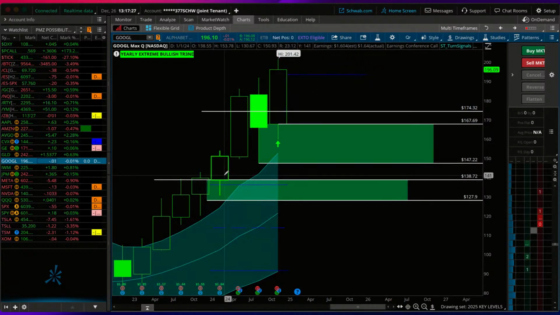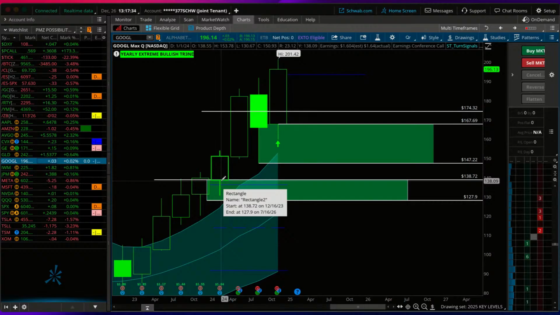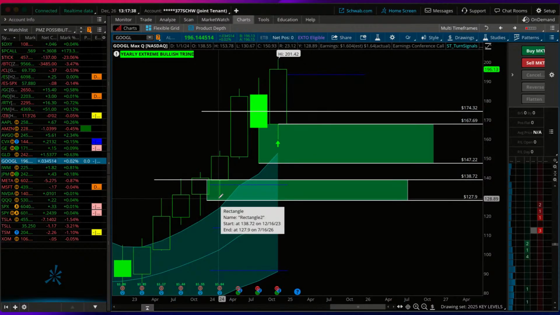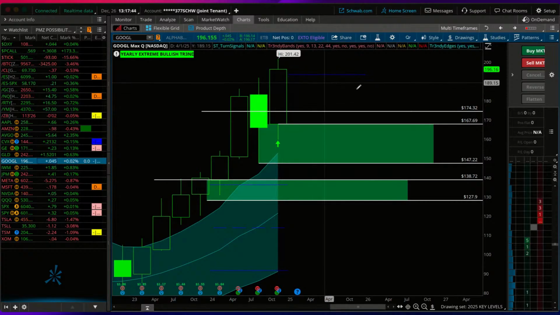But just like ES, NQ, and everything else we've looked at so far, you can see in 2024, you just got a little flush below the 2024 upper yearly edge, and then price took off.